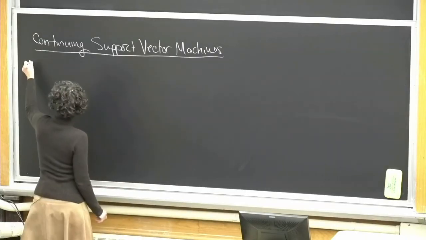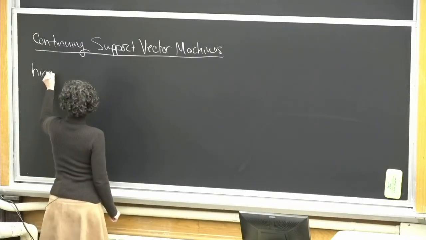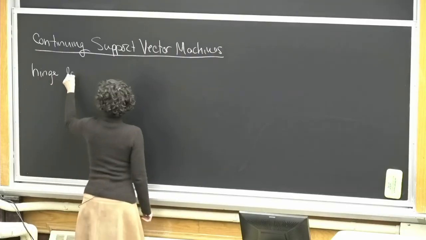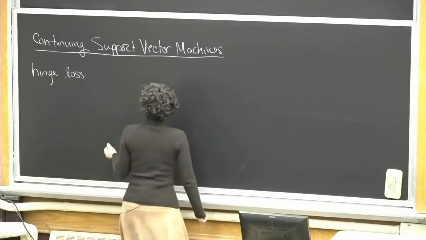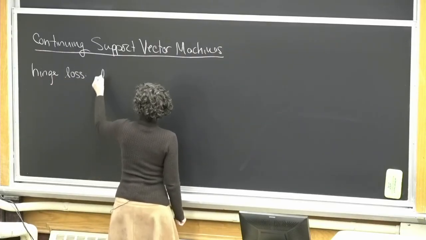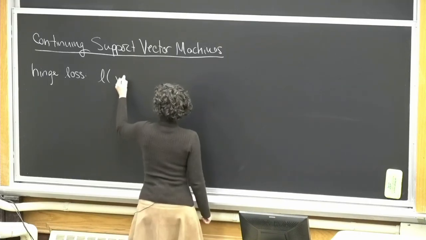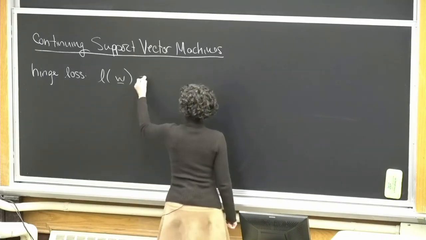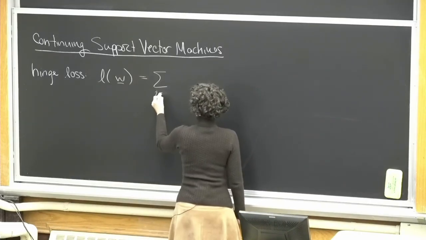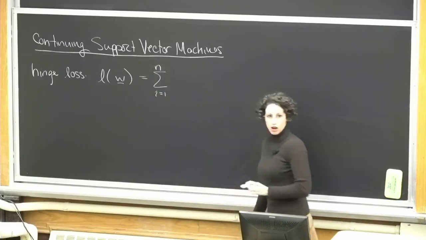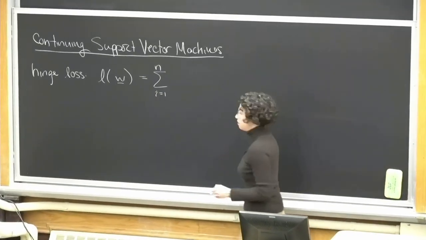And we proposed an alternative loss function for classification called the hinge loss, where in particular, the loss associated with a weight vector W would correspond to computing the sum over our n different training samples.